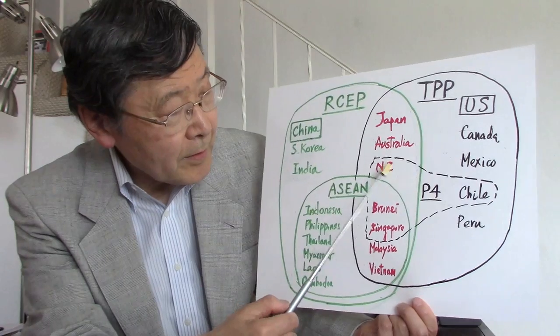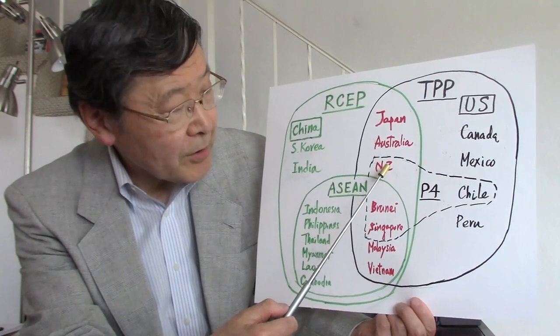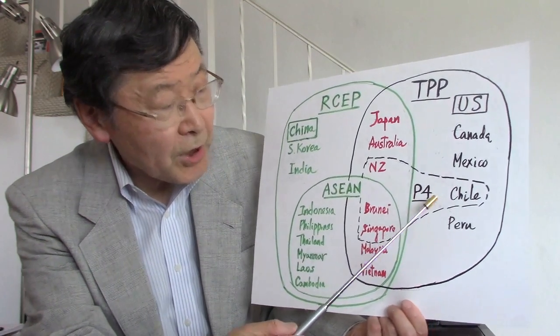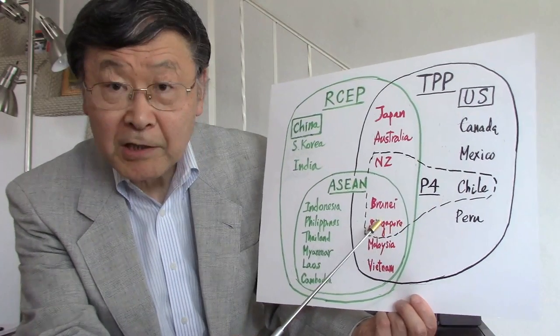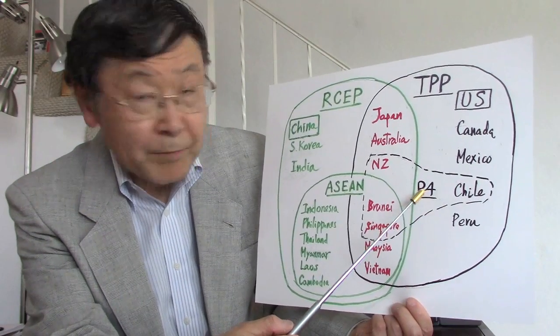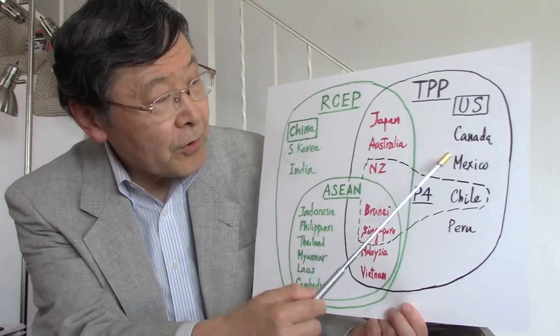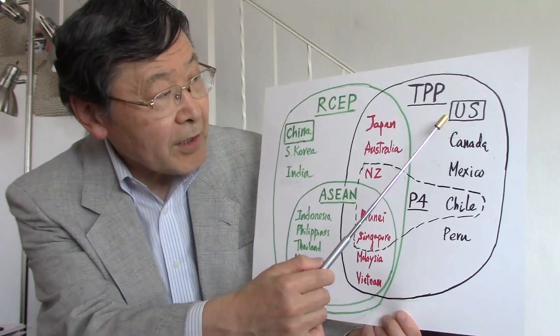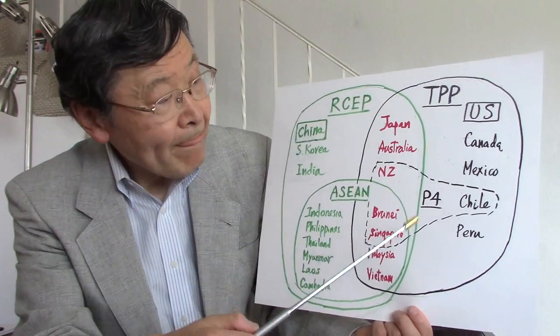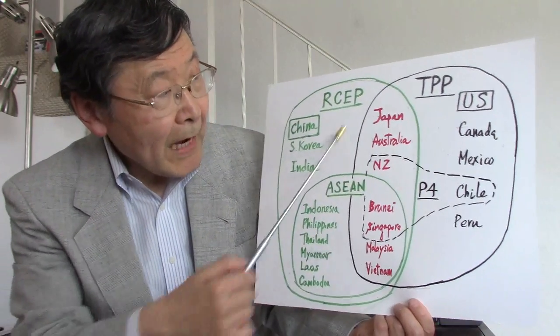The small nations like New Zealand, Brunei, Singapore, and Chile first formed the free trade agreement, which is called P4, and that's been extended to include all these major countries like the US, Japan, and so on. So this is the idea.